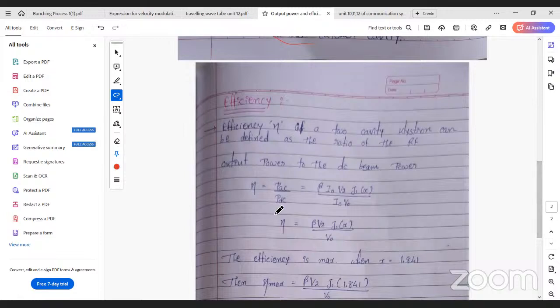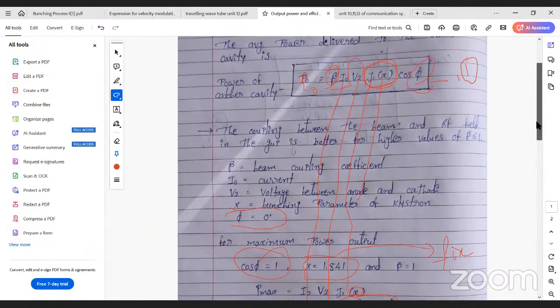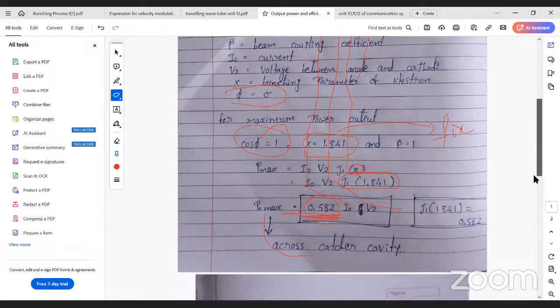Efficiency is AC power by DC power. What is the formula of efficiency? AC power by DC power. For AC power, the same power equation I wrote, I am writing again here: beta I naught V2 J1(x) cos phi. Cos phi equal to 1, beta equal to 1.